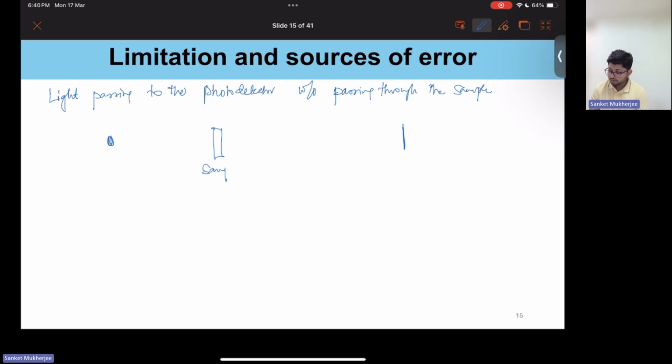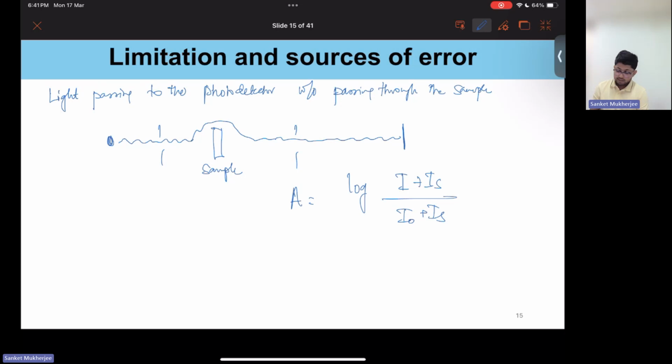If there is any light that passes from other ends, and there are slits in between, obviously, that kind of light has to be corrected. So absorbance in that case becomes log of I plus I_S by I naught plus I_S, where I_S is the stray light, the intensity of the light that is passing without the sample. So this is the corrected absorbance.